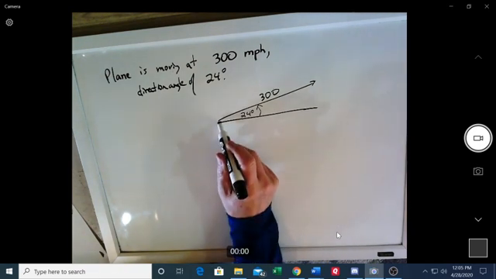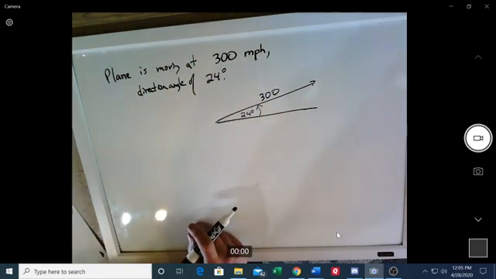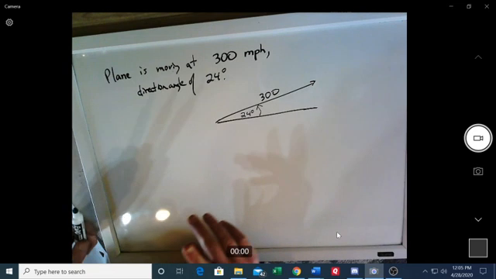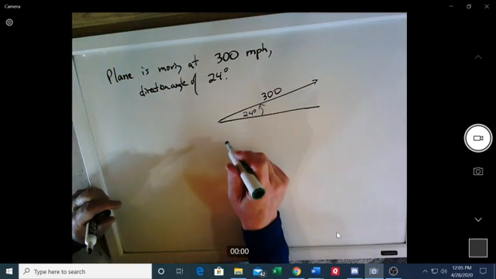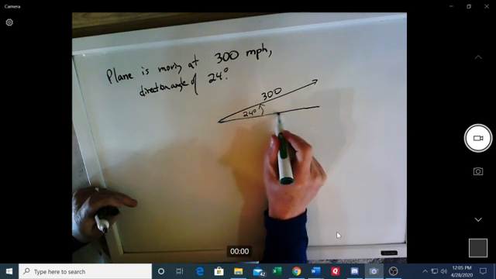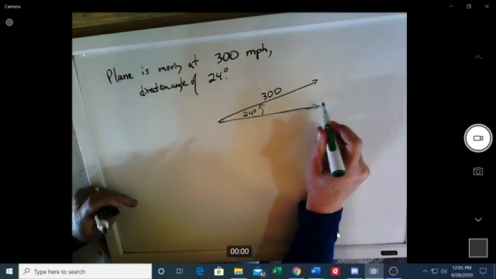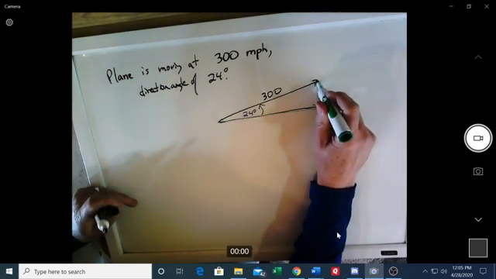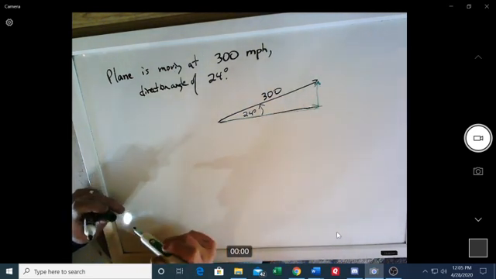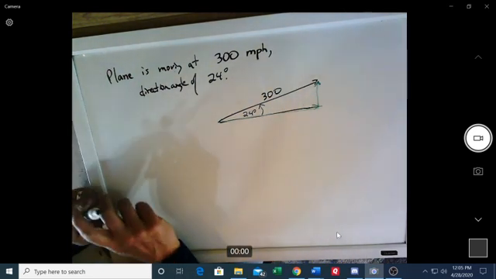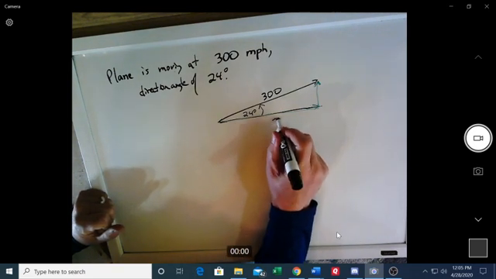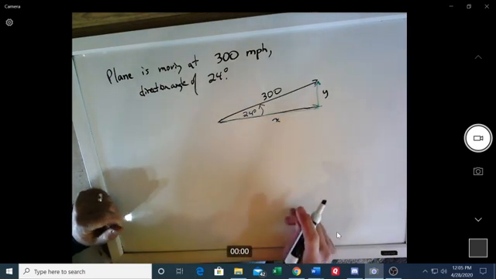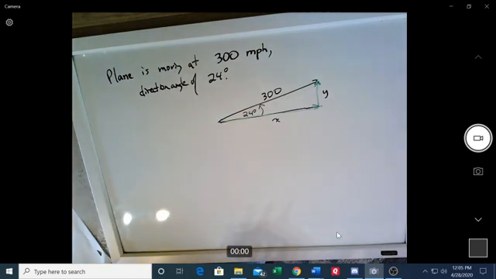Now, we might say, but I don't want it in this format. I want it in horizontal and vertical components. So, that's a piece of cake for us because we know trig. We go here and here. We're going to make these two vectors from this. And so, let's call this thing x since it's horizontal, and let's call this thing y since it's vertical for a moment.